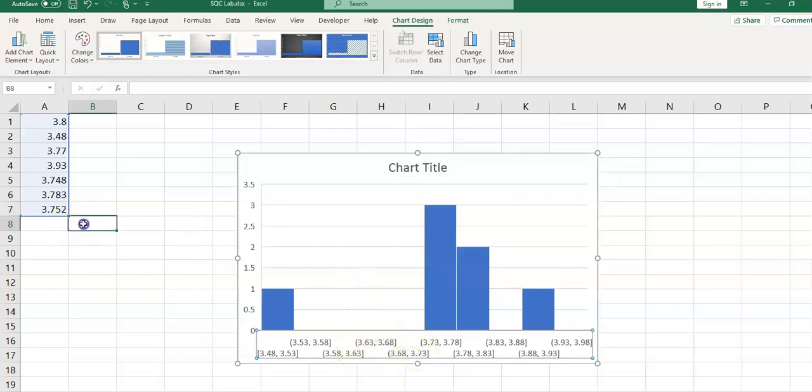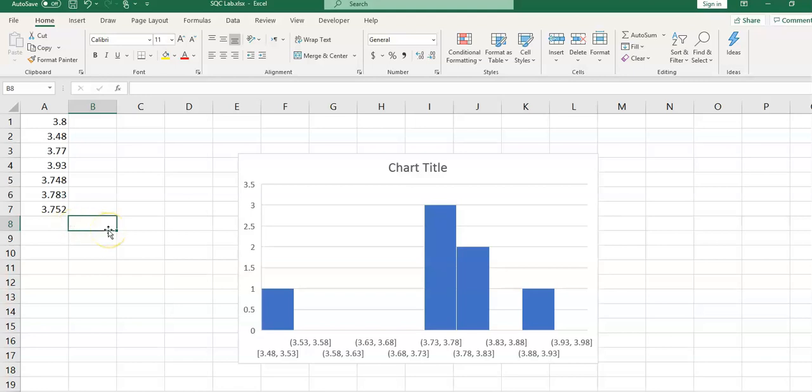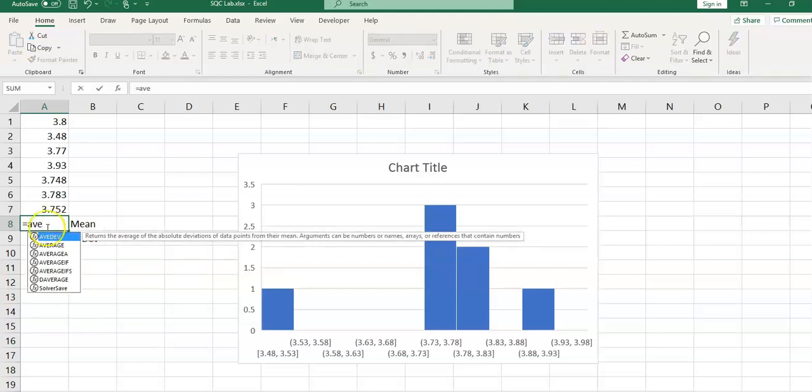So another thing I need to calculate here is the average, mean of these samples, and the standard deviation. For mean, I can use this built-in function, equals AVERAGE.